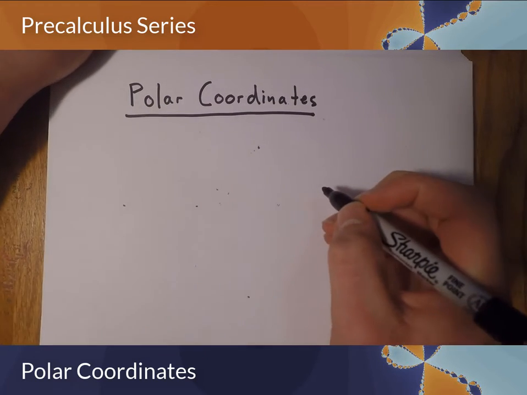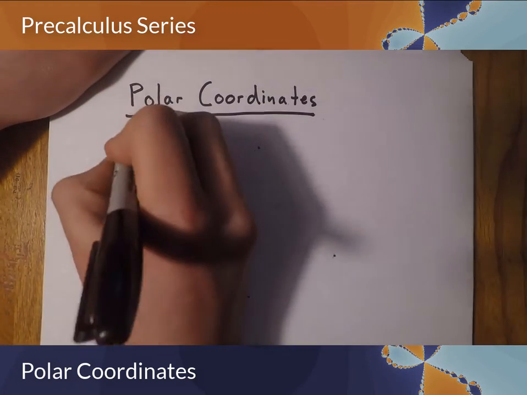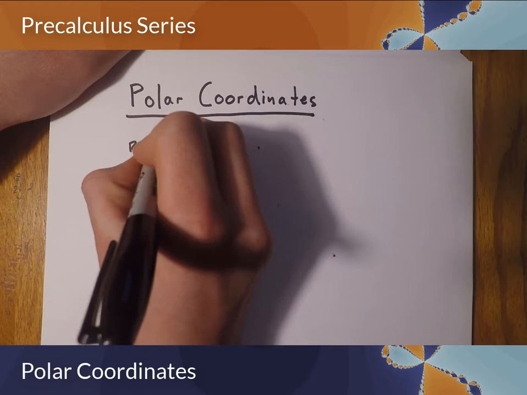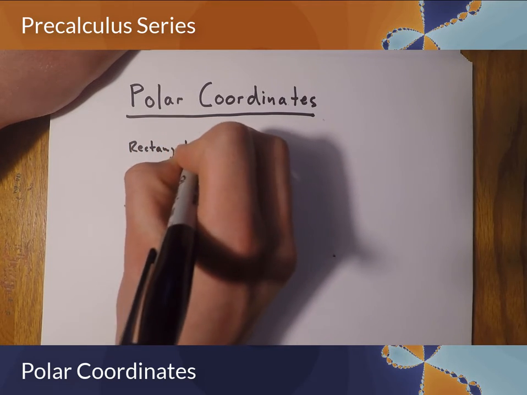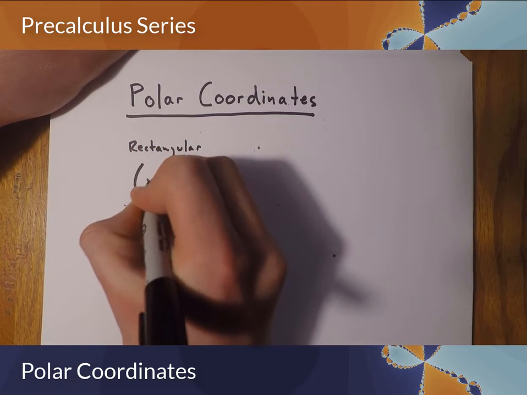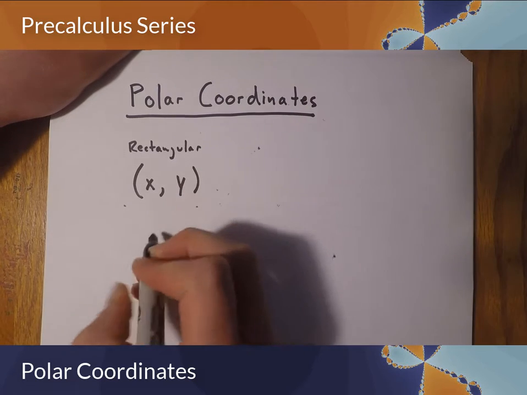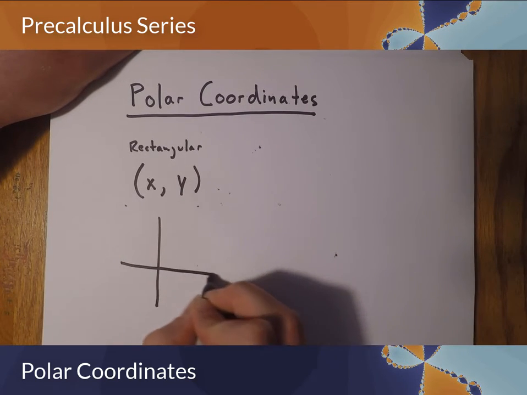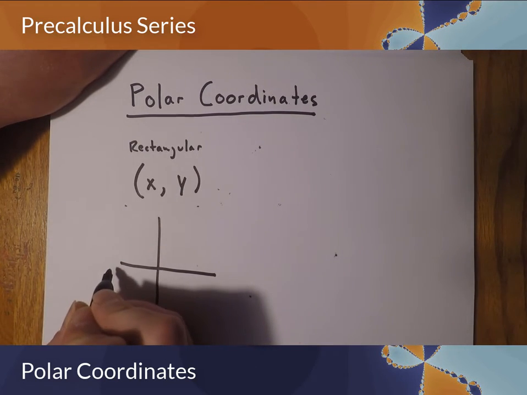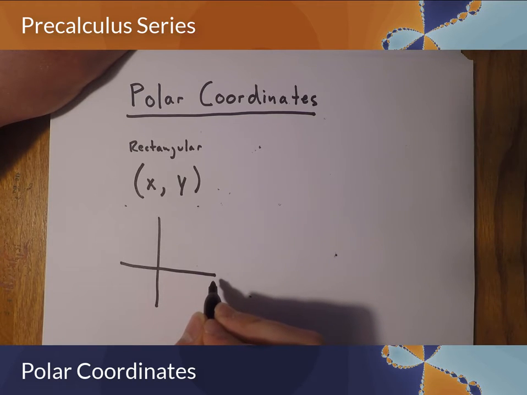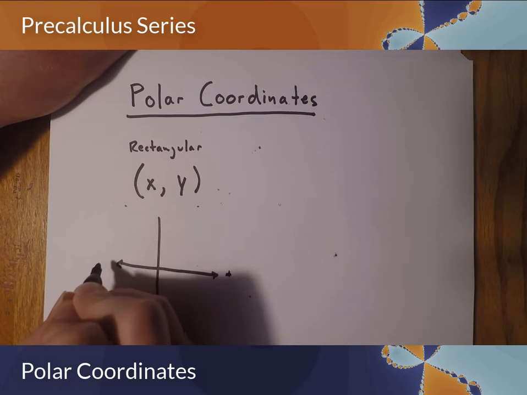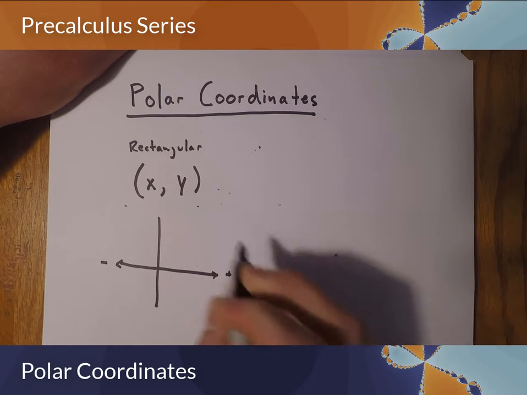Now, with rectangular coordinates, we write it as x, y, where x is the distance left or right from the origin on the x-axis. Positive x's are this way, negative x's are that way.